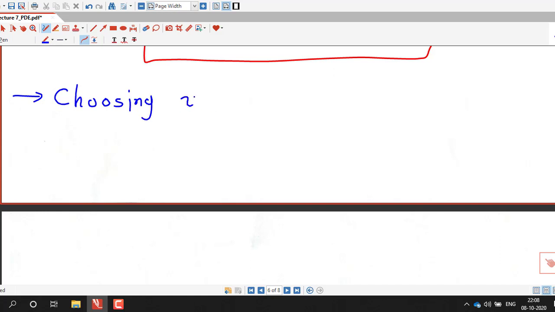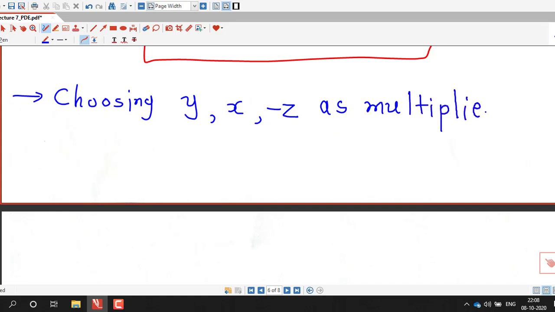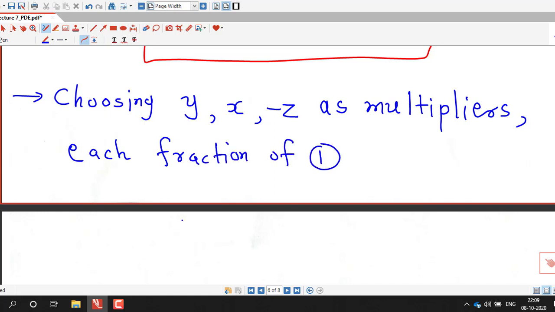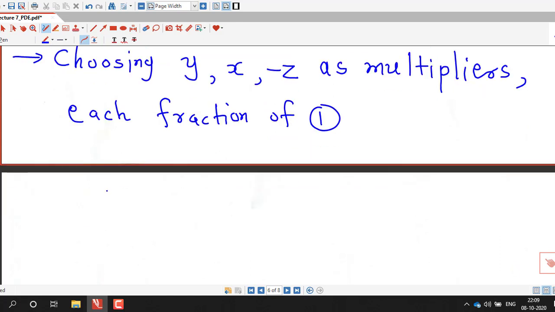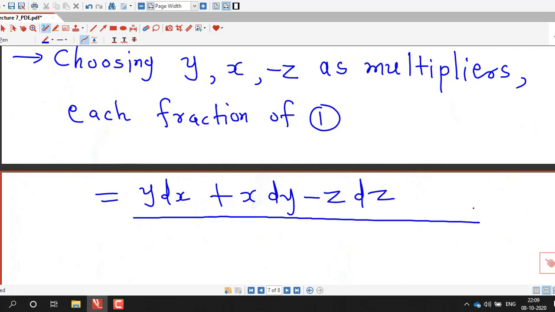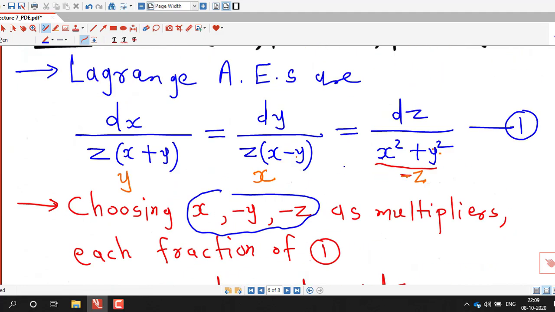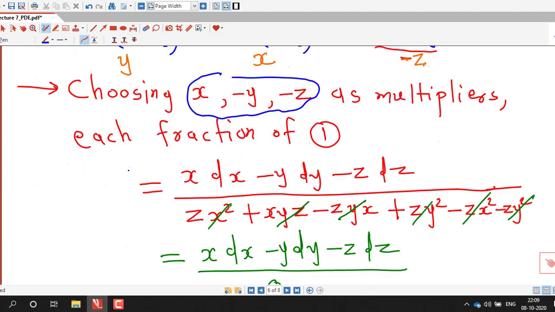Choosing y, x, minus z as multipliers, each fraction is equal to y dx plus x dy minus z dz divided by y into z into x plus y, so we have xyz plus z into y square.